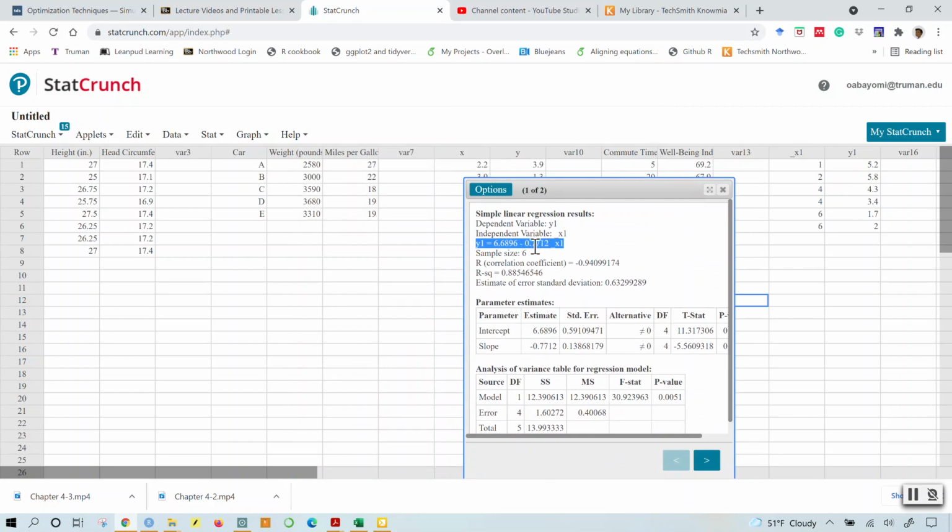And you will see that we have right here that same equation. It's just that you have negative 0.7712 taken to 4 decimal places, x1, before the plus 6.6896. So there you have the least squares regression line. Then if you come down here, you see that there is another window here.